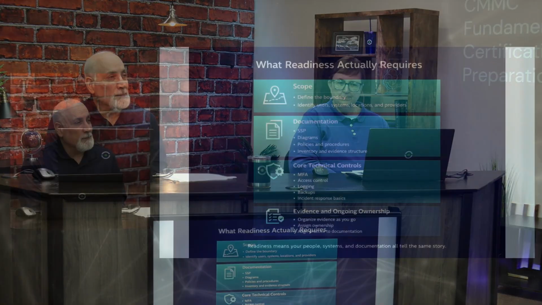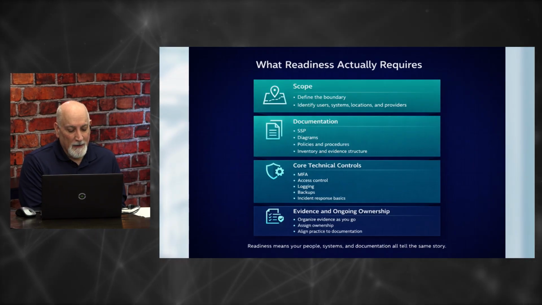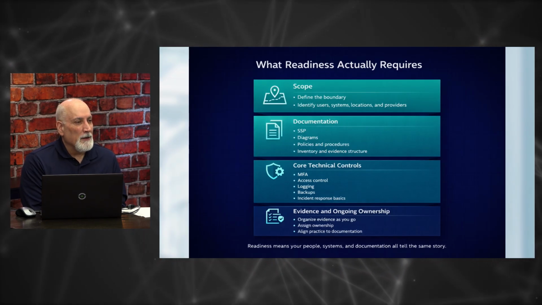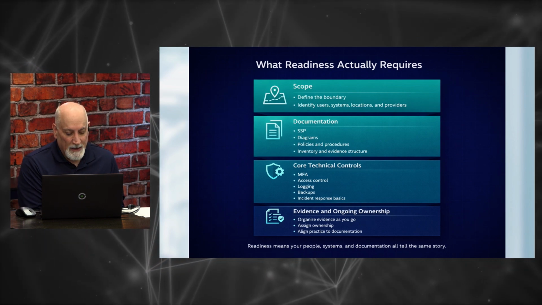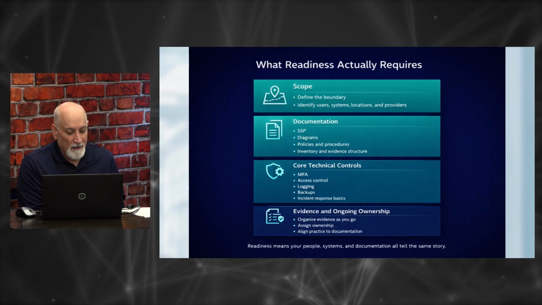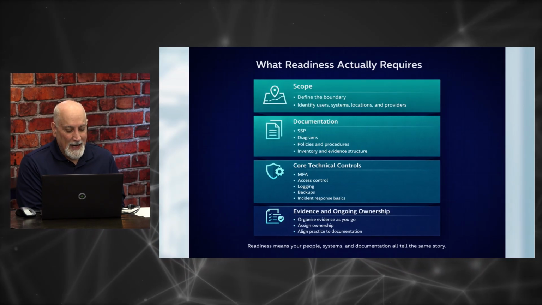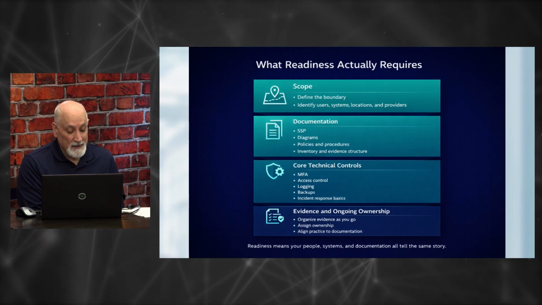So the documentation includes a system security plan, or SSP, a very extensive document that explains all 110 controls and how you've implemented all 110 controls, network diagrams, data flows, shared responsibility matrices, different kinds of diagrams, policies and procedures I mentioned, a documented inventory of systems that you have, software that you have, people that access, assets that you have, and what evidence is available.